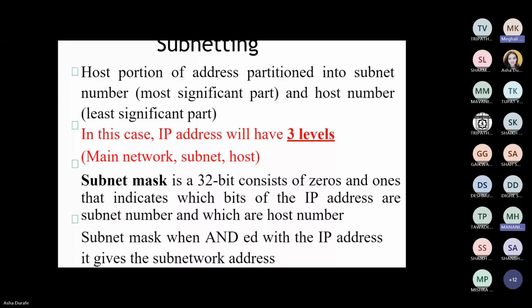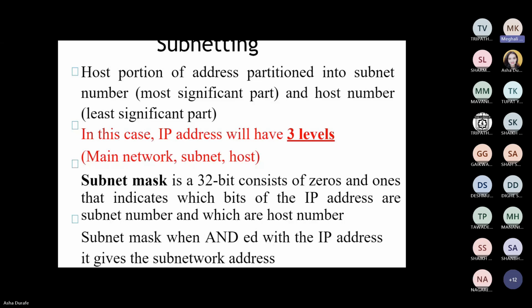So class C can accommodate 2 raised to 8 hosts. And hence we say class C is for small organizations where fewer hosts are there. So here it means an IP address has 3 levels: main network, subnet ID, and then the host ID.